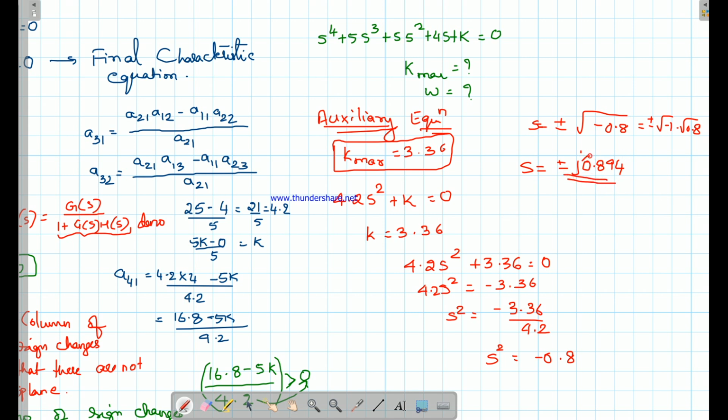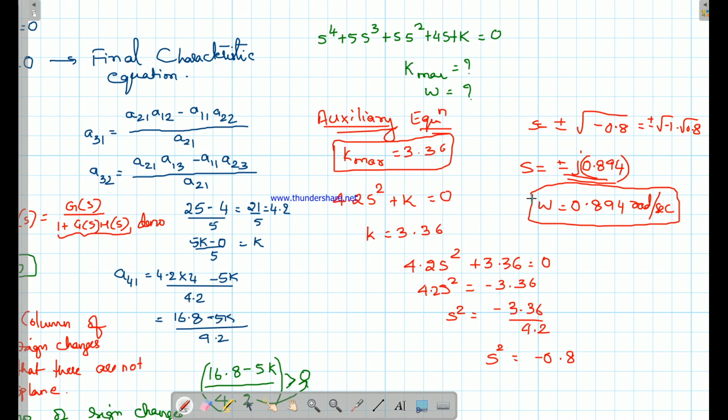This would be the omega value. So omega is equal to 0.894 radians per second. So this is your value of omega. So this is the K margin and omega value for the given problem.